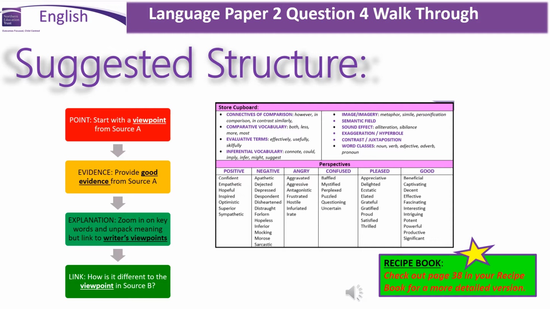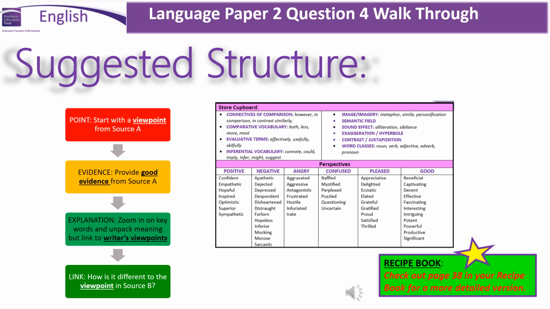And I've included a cropped image from the English language recipe book where you could, in theory, zoom in on a word, phrase, or on a metaphor or a simile, and when you're explaining it, show that you're linking it to the appropriate perspectives shown on the right. So a particular metaphor might show an aggressive tone.